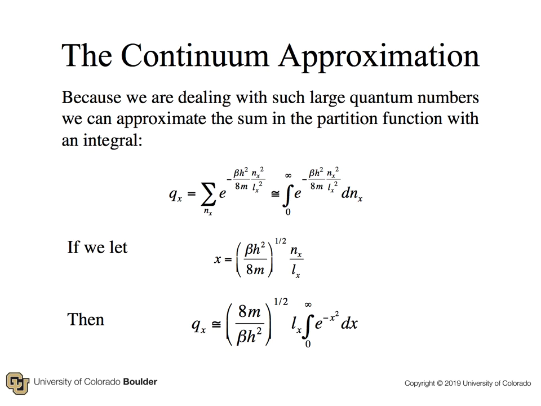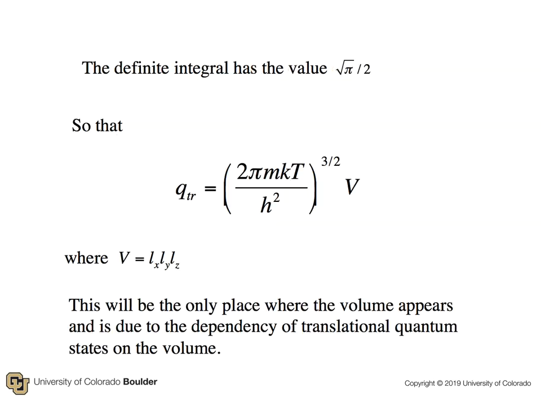So if we let a new independent variable x be equal to the coefficient of n in the exponent, then we get the expression down below, and the integral in that expression is a well-known definite integral. It has the value of the square root of pi over 2. So the result is quite simple.